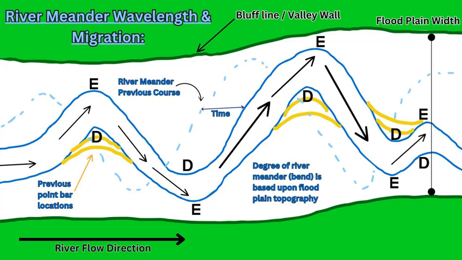So the amount of water flowing down will affect how fast the meander migrates, how far it migrates, and the extent of the bend. Is it a shorter, smaller wavelength, or a smaller bend? Or is it going to do the opposite, extend the wavelength, extend this large bend, and perhaps create oxbow lakes? This is all based on the discharge of the river and the amount of water flowing down.